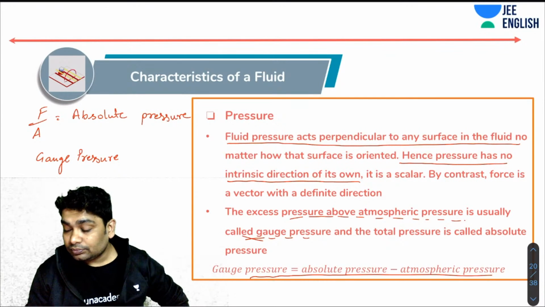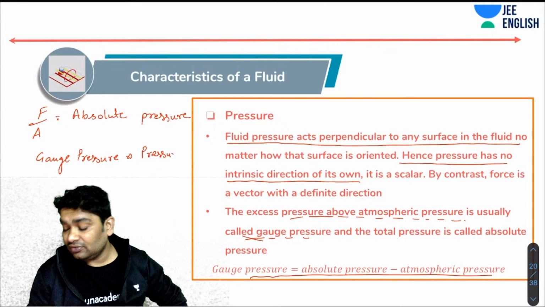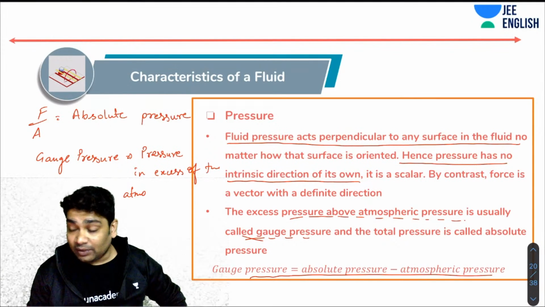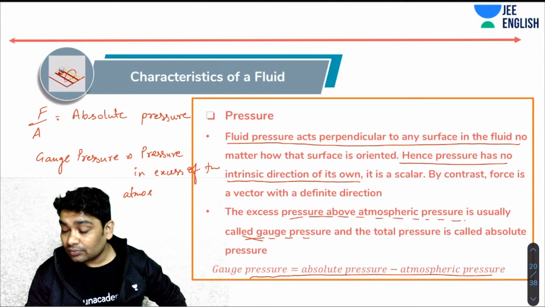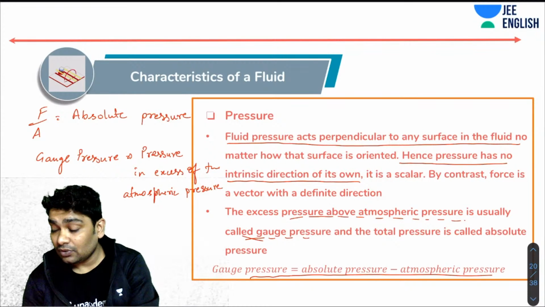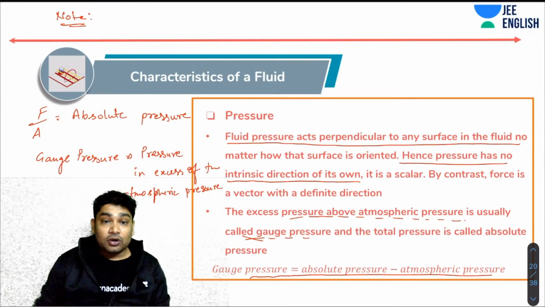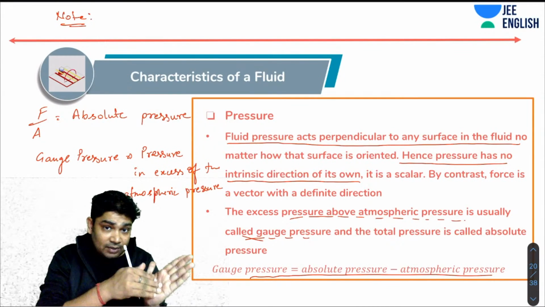So gauge pressure is the pressure in excess of the atmospheric pressure. How much more pressure is something applying than the atmospheric pressure? That is called gauge pressure. Now you will notice one thing, that your absolute pressure can never be negative, because whatever collisions are happening, they will always exert a push only force.